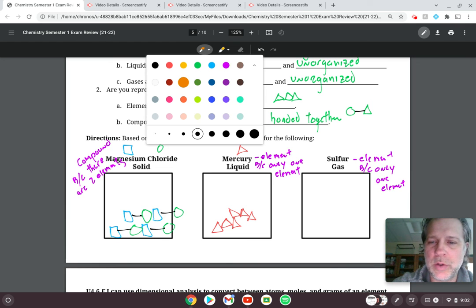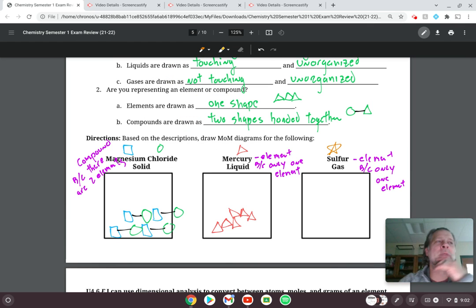We could do a star. So in this case, I'm going to draw it as a gas, as an element, and it's not touching and unorganized. So I'm going to have one here, one here, one here, one here, and maybe one here, trying to fill up the box a little bit, showing it expanded.